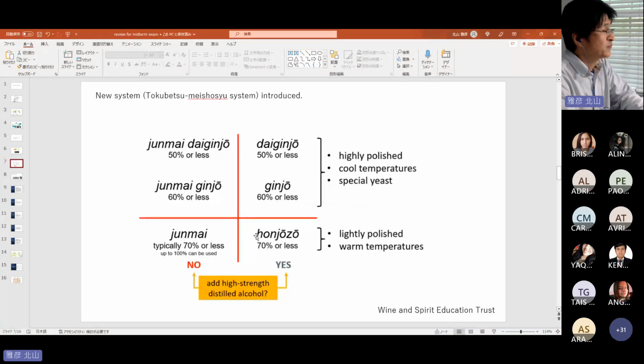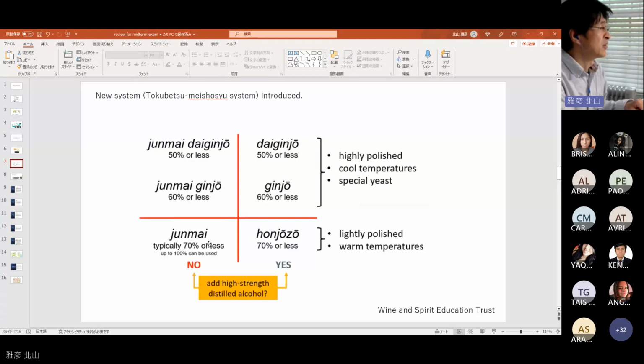If sake is made with rice at a polishing rate of 70% with distilled alcohol, it will be called honjozo. And if sake was made using rice at a polishing rate of 70% without any alcohol, we can call it junmai sake.